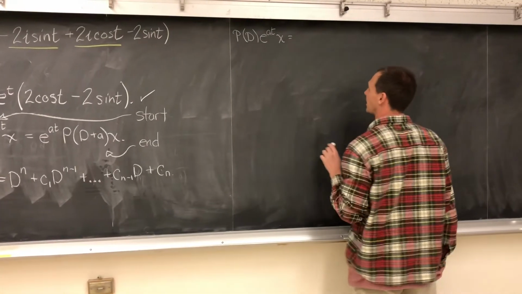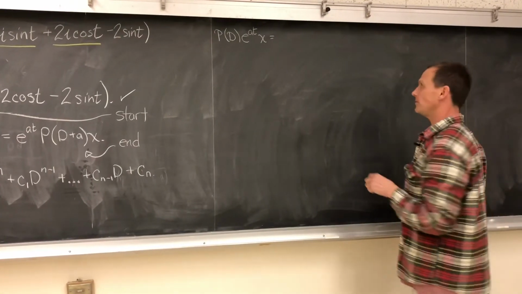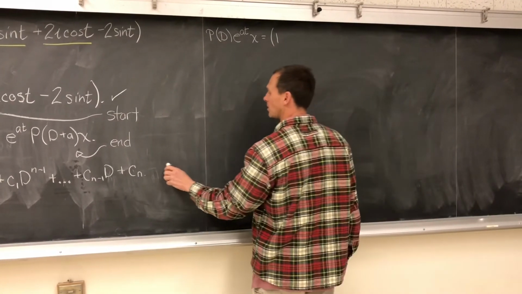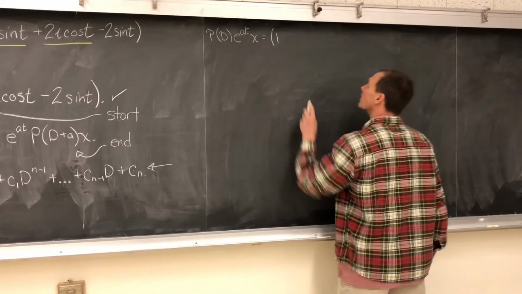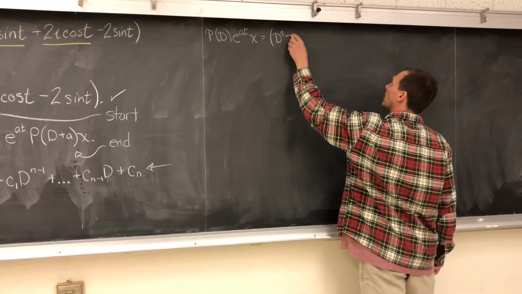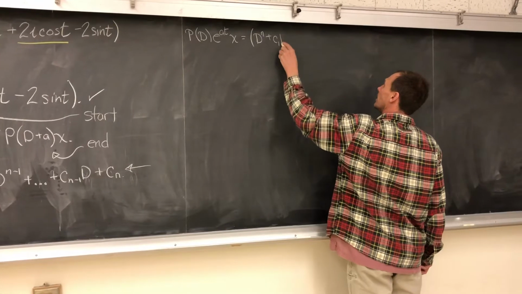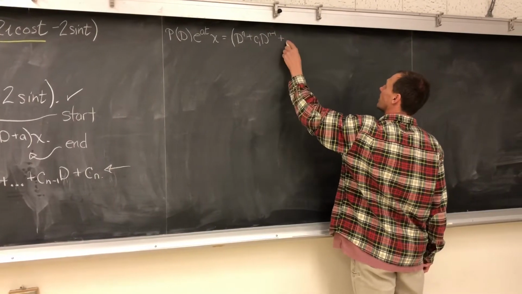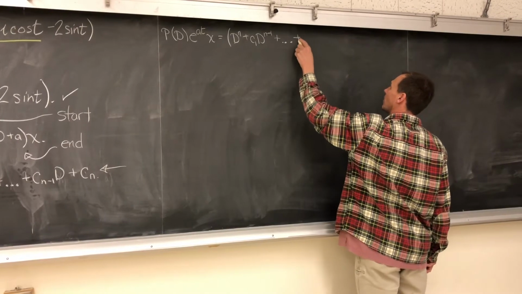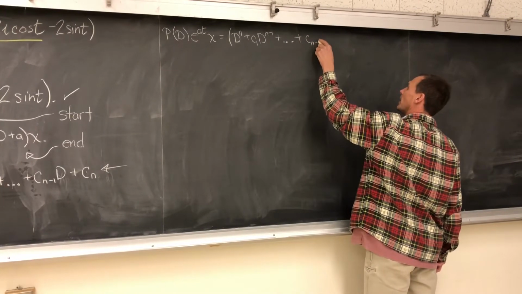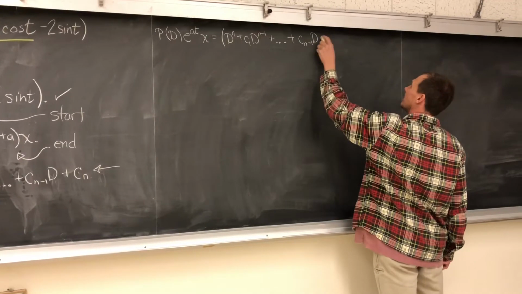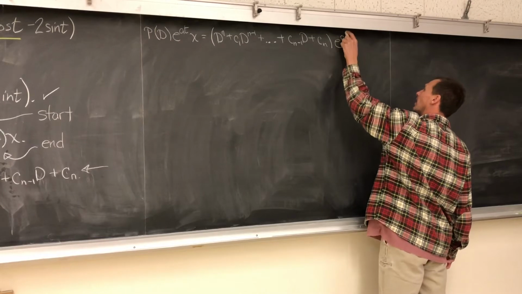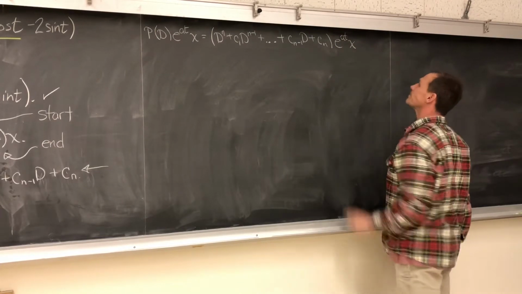First thing is, let's expand out what it means to be the polynomial of d. We're going to use what we know about the polynomial of d. So that's d to the n plus c1 d to the n minus 1 plus dot dot dot. We're going to write this all the way out, c sub n minus 1 d plus c sub n, applied to e to the at x.